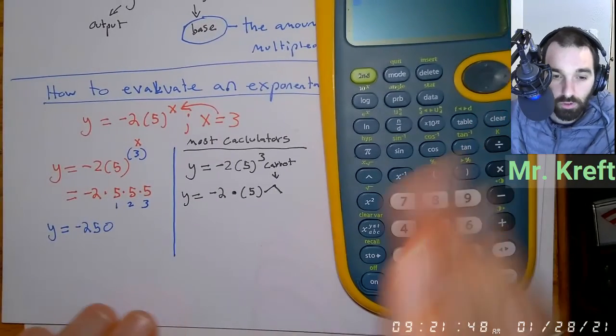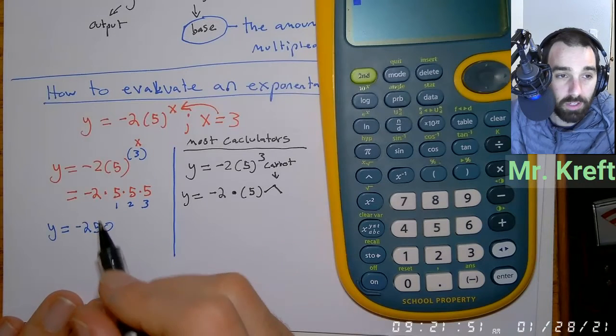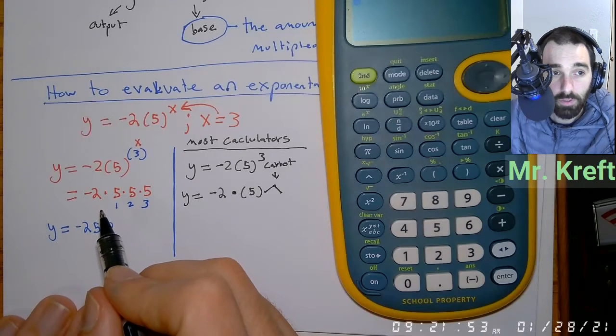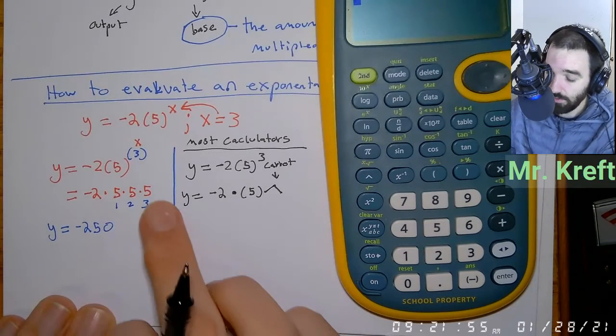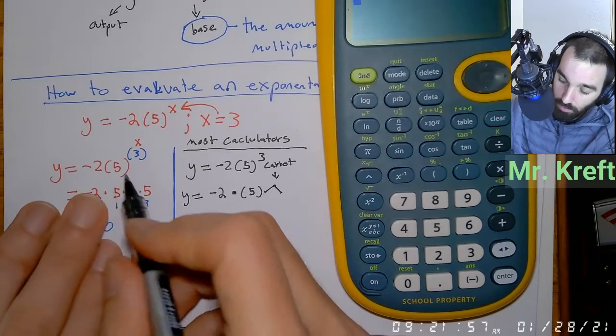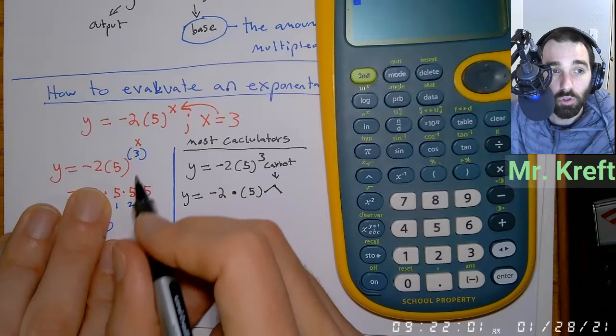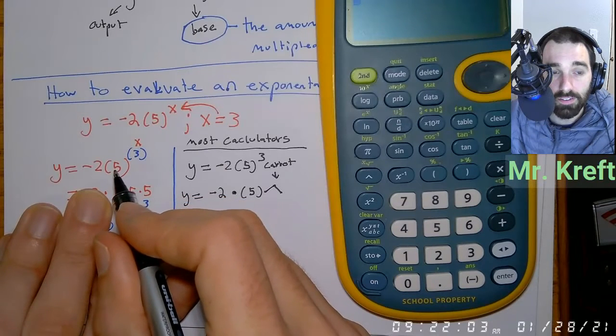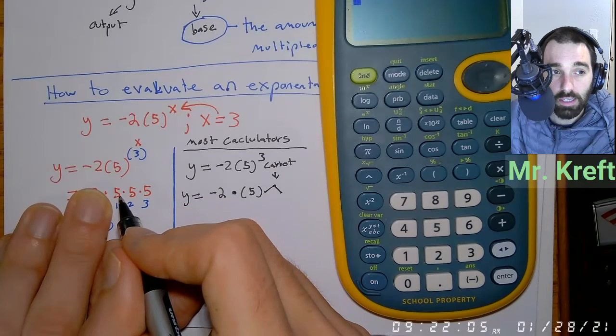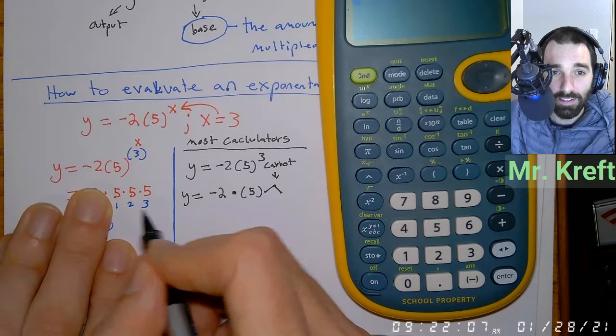In this case, you have -2 times 5 to the third. All that 3 means is that the number in the base is going to get multiplied by itself that many times.